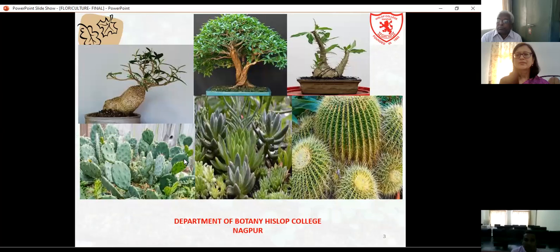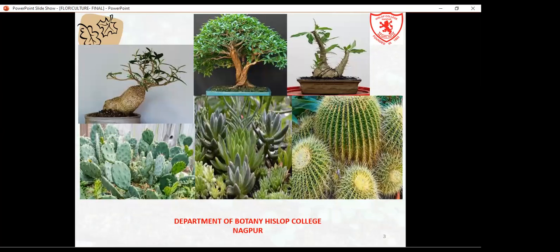Besides these, it will include potted plants. It will include cut flowers, the flowers that you and I go out to buy from the market. It will include different types of trees of various shapes and sizes, as well as plants which are used for landscaping as well as gardening.